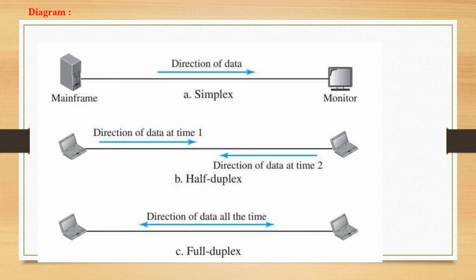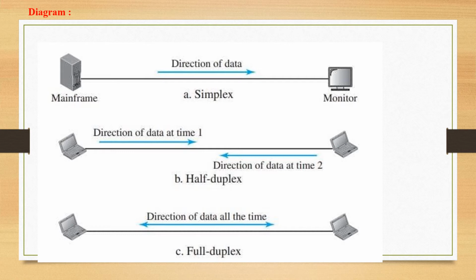Now this diagram shows the simplex, half duplex and full duplex transmission modes. As shown in the figure, in simplex mode the arrow indicates data is transmitting from mainframe to monitor, so one-way communication only. In case of half duplex, there are two servers, and the arrow indicates the direction of data flow.